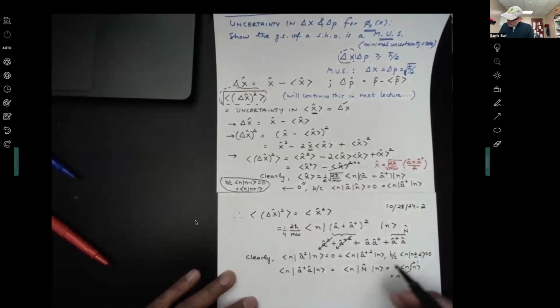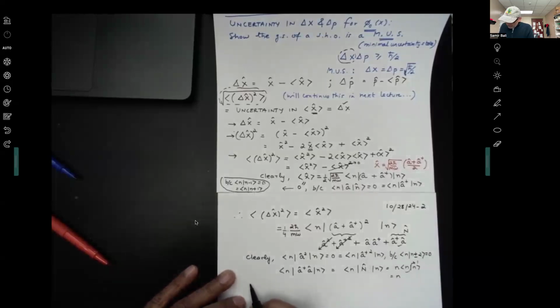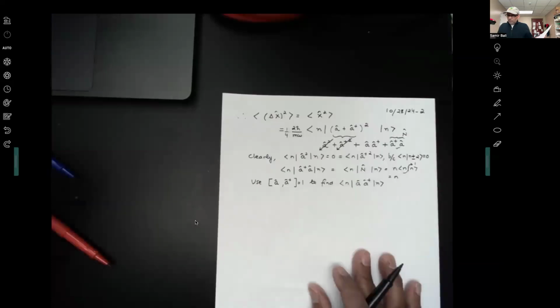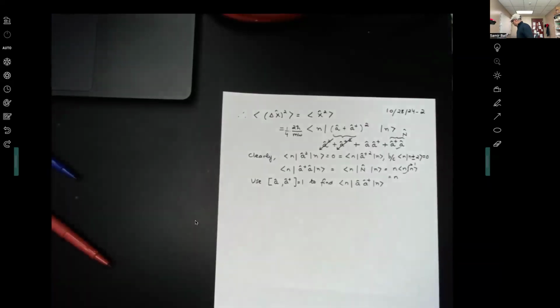Okay, so this one was easy to do, the A dagger A. What about the A A dagger? Well, A A dagger, you got to use the commutator A, A dagger equals 1 to find this expectation value. Okay, so we can do that.